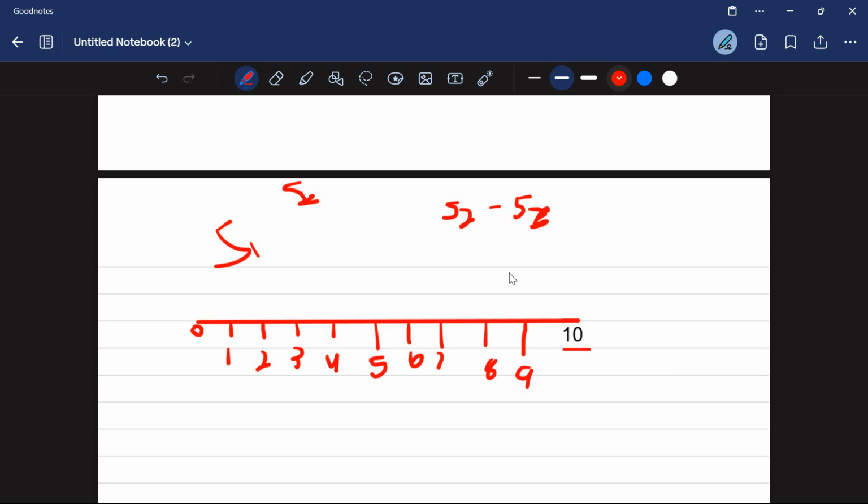So what will we think? We will think that if S1, we consider that S1 should be small, right?